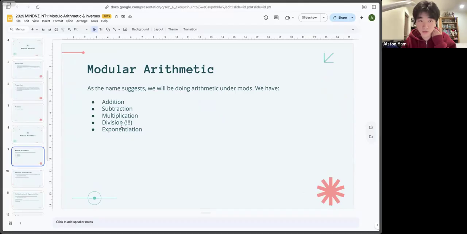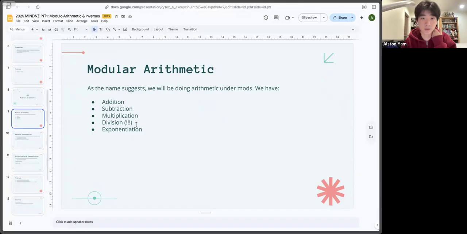We can actually do basically all of these under mod arithmetic, but you've noticed I have put exclamation marks next to division, because doing division in modular arithmetic is slightly different compared to how we normally do division. But otherwise, most of it will remain exactly the same.